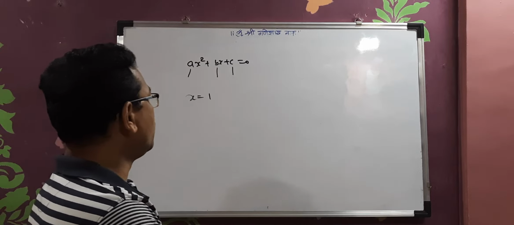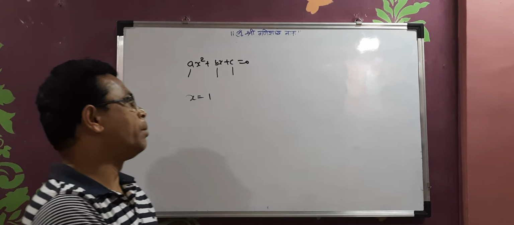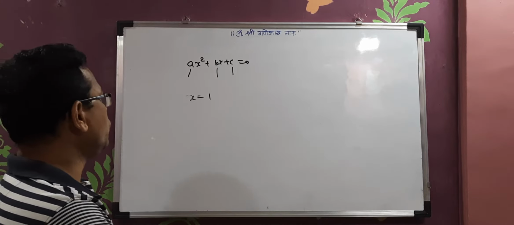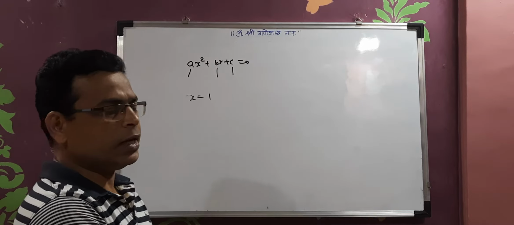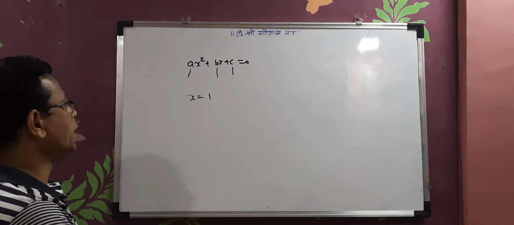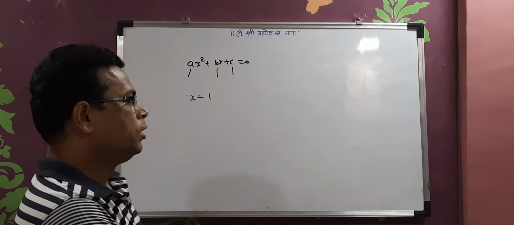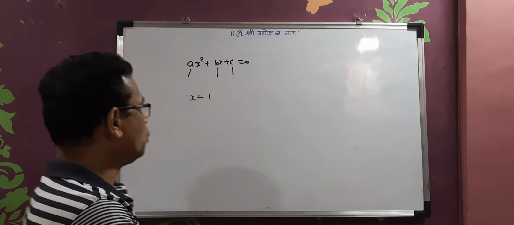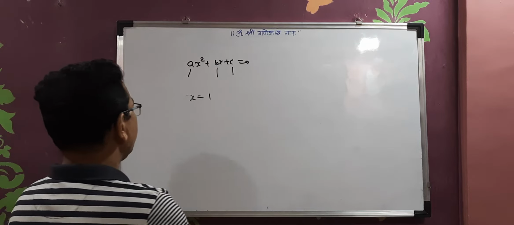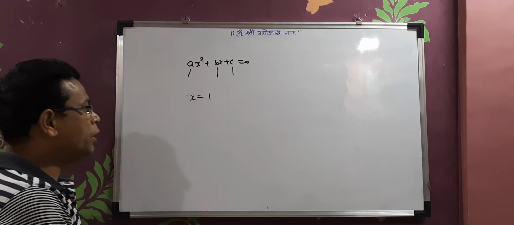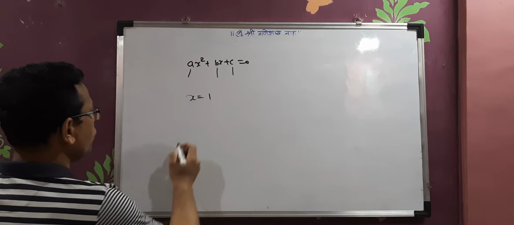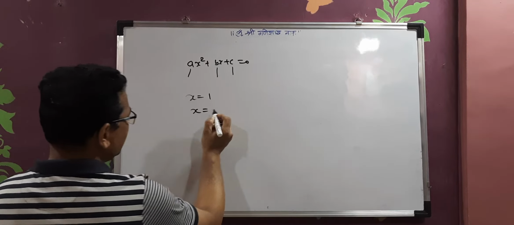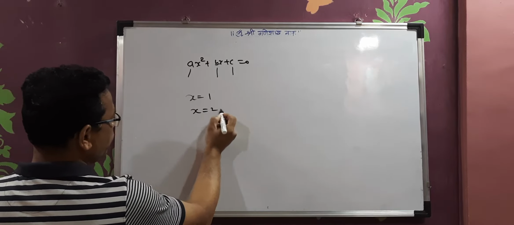Now in this session, in practice set 2.2, we are going to calculate the roots of the quadratic equation, that is, the value of the variable. But it is very difficult to find the roots every time by putting in different values of x.